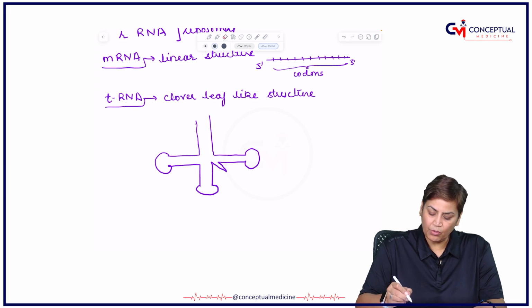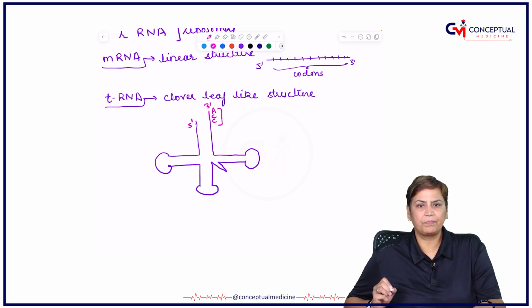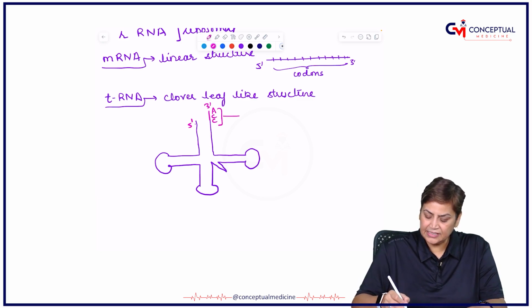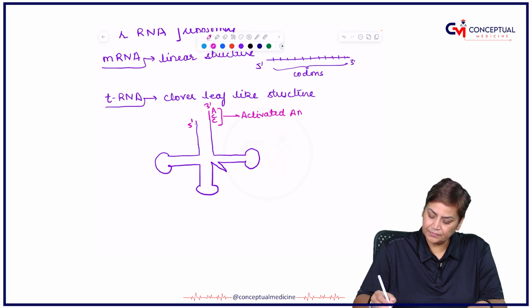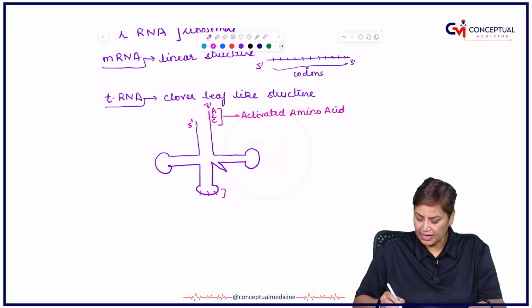Now the most important point to remember is that this is the 5 prime end and this is the 3 prime end where CCA is there. The CCA, or the 3 prime position, carries the activated amino acid. This arm bears the anticodon.